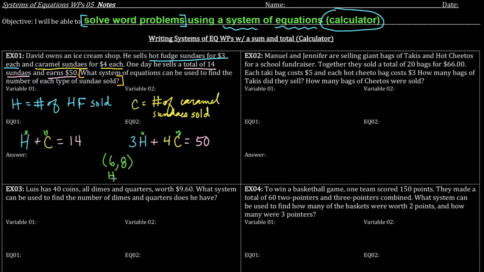You can put H and then C like that. It doesn't matter, and you don't have to put it in words. I want you to practice finding these answers using Desmos or the calculator if you have one.